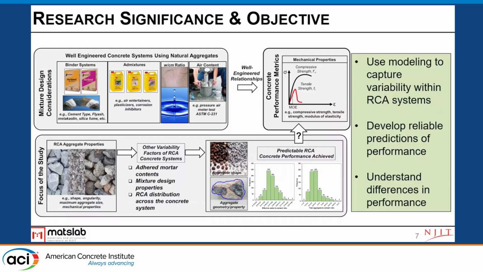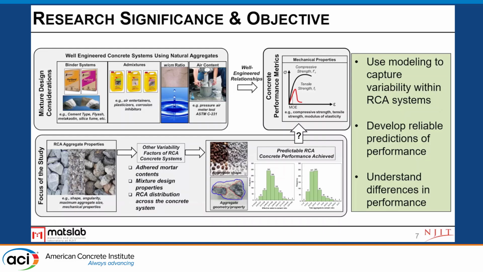real impacts. So for example, it's long been said that systems with RCA have worse corrosion protection, but the results in the field or in literature are actually all over the place. But when you actually look at them, it's all over the place because you've got systems with all these different adhered mortar contents.